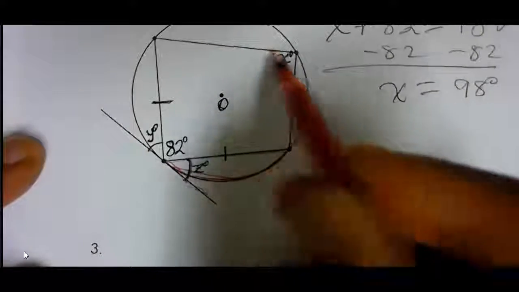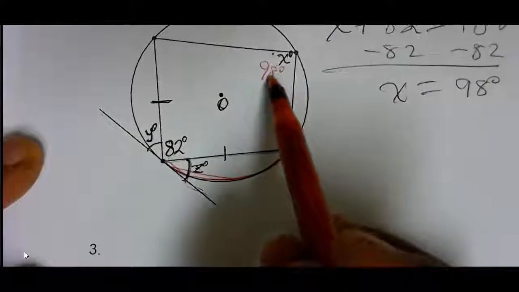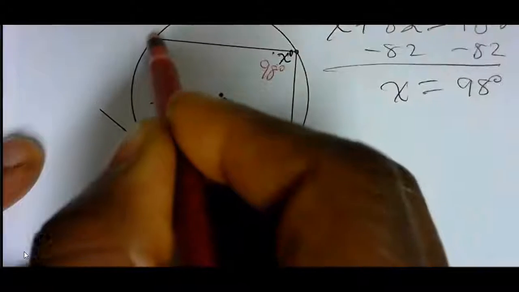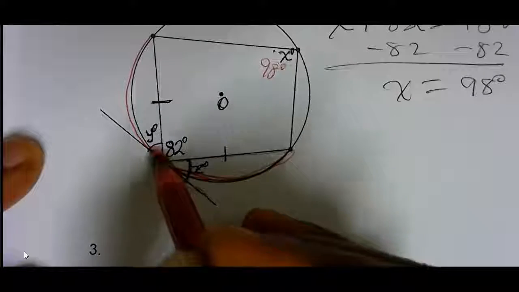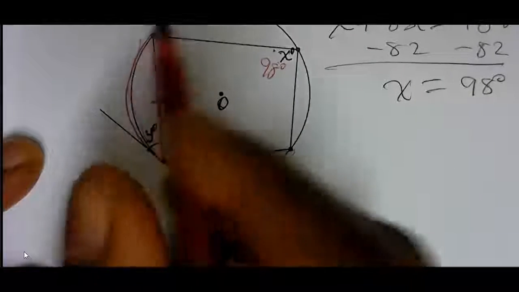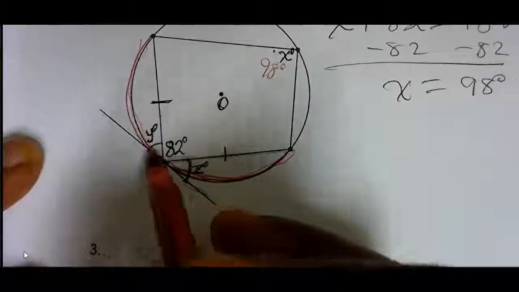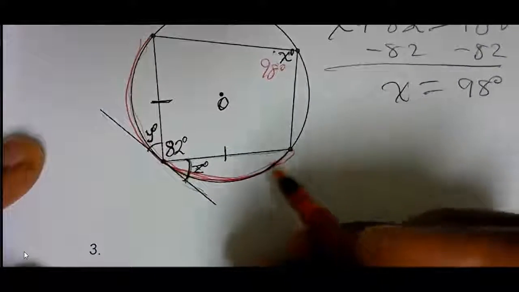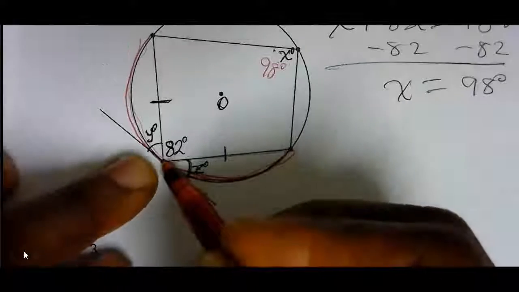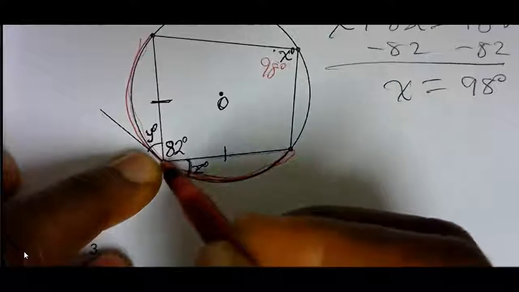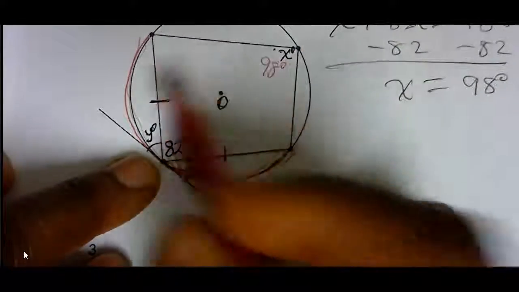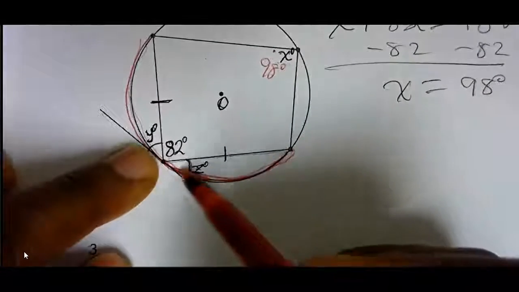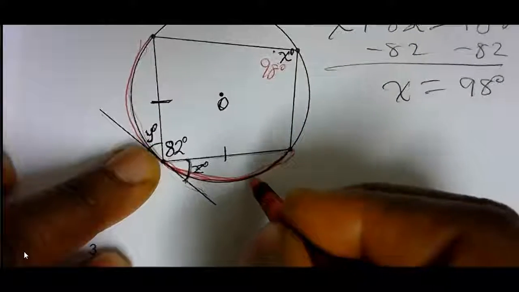That angle x, which we already found to be 98, is going to be 1/2 of this whole arc, the two arcs combined. When I'm saying chord, I'm so sorry, I mean arc, this arc. And from here to here is 1/2 of the whole arc. So if 98 is 1/2 of the whole arc, then this arc is 98.